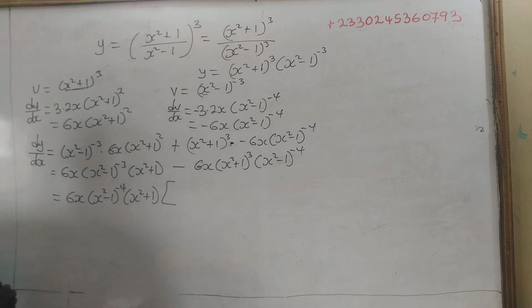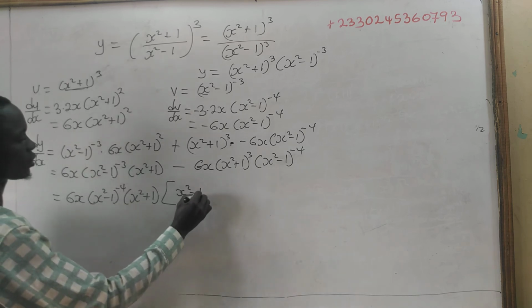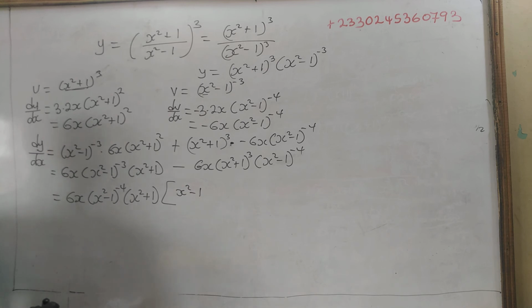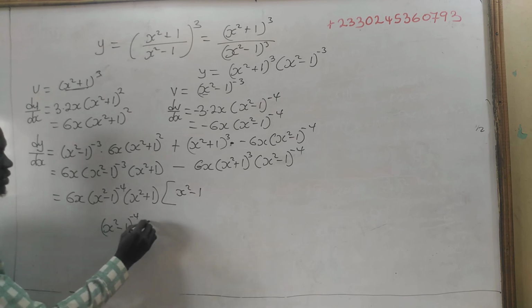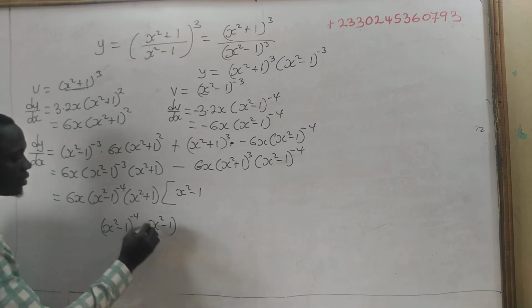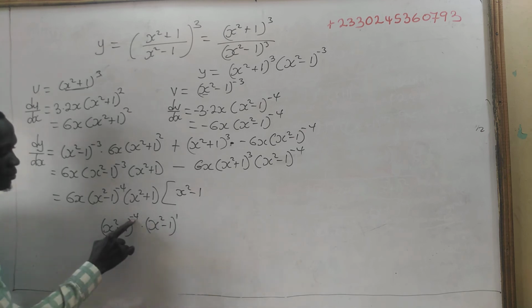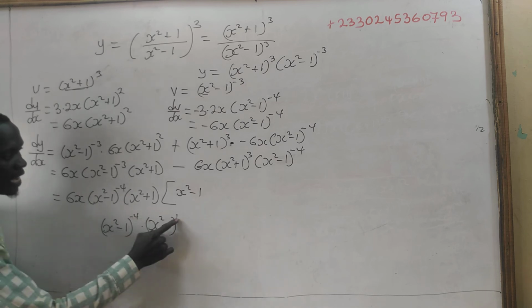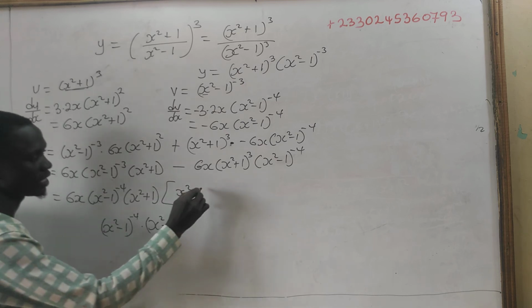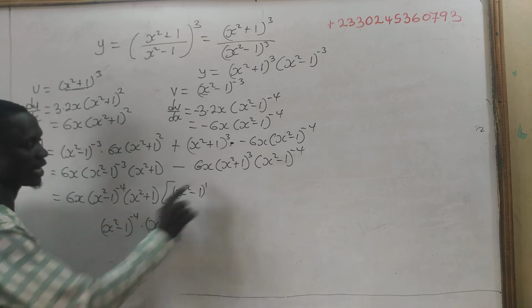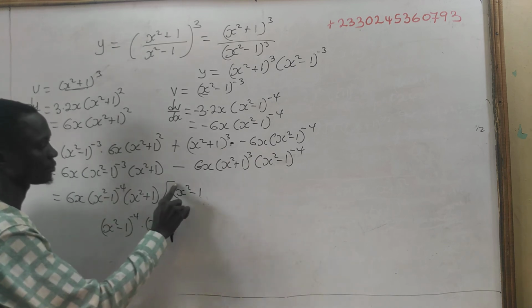And what will remain here? 6x is here. So here it will remain x squared minus 1. Why? Because if I have x squared minus 1 to the power negative 4 times x squared minus 1 to the power positive 1, minus 4 plus 1 will give me the minus 3. So here we have this one. That's why we've done it like that.